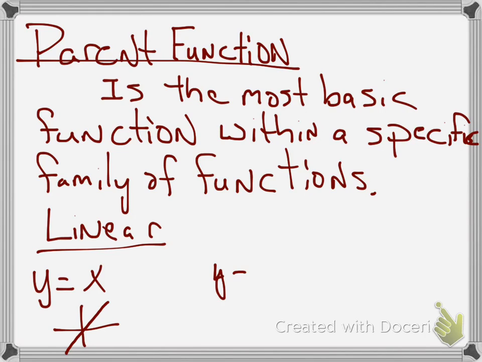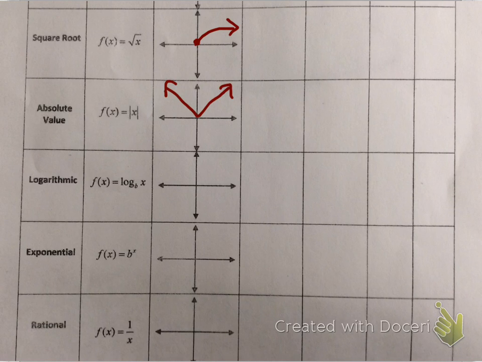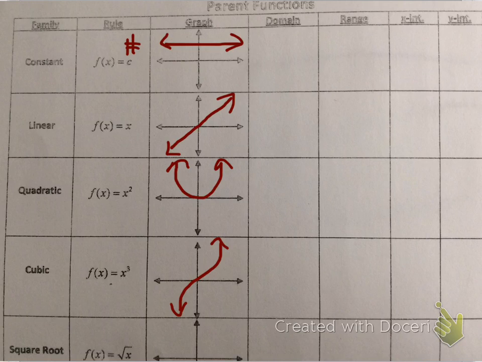But if I do something like y equals 2x plus 1, that's in the family of linear. When we say family, we're talking about that group. The parent is the one that sort of bears or gives birth to all the others. That's why it's called a parent function. So 2x plus 1 might go through here and be a little bit steeper, that type of thing. And so that's a transformation. So basically the most basic one is the parent, and that's the one that we observe all the other rules for.